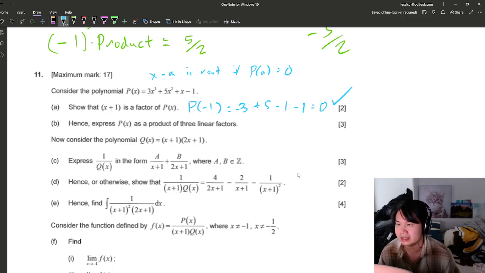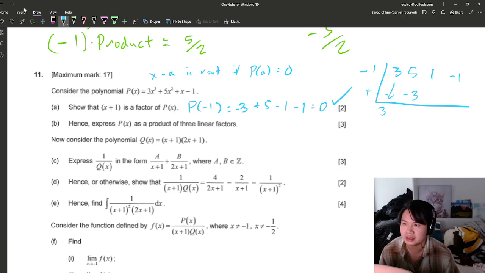If you don't know what that is, you can look it up. One, -1. This is a 3. 3 times -1 is -3. 5 plus -3 is 2. -2, -1, and then this should be +1, and then that's 0.